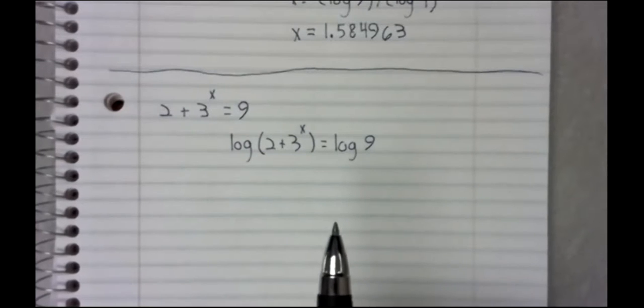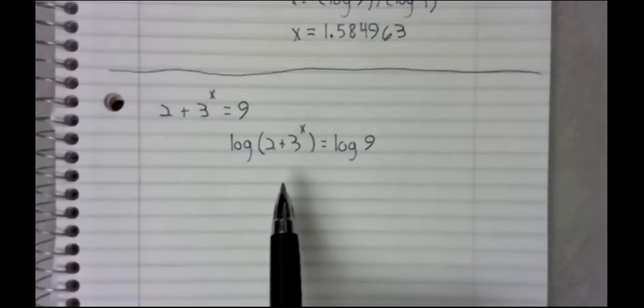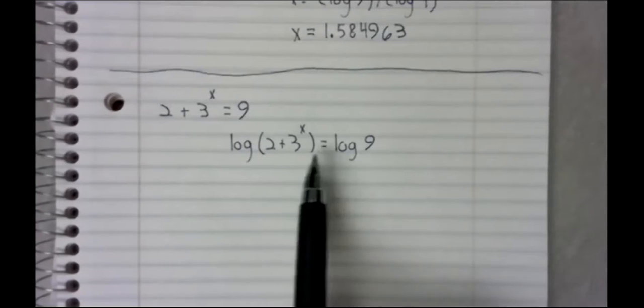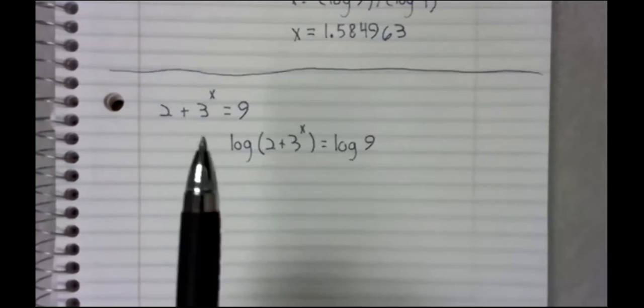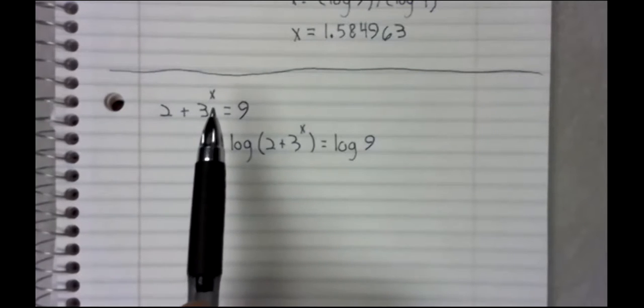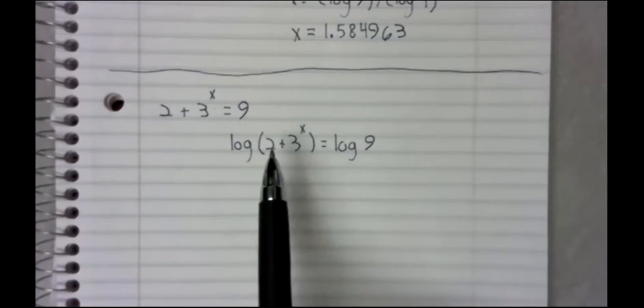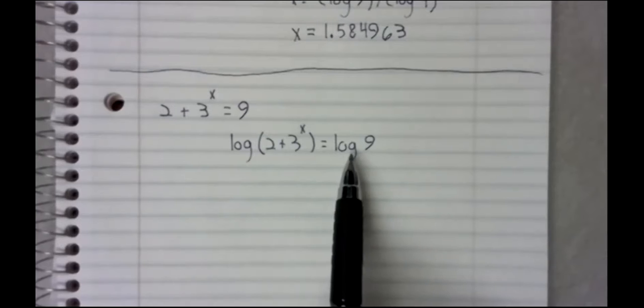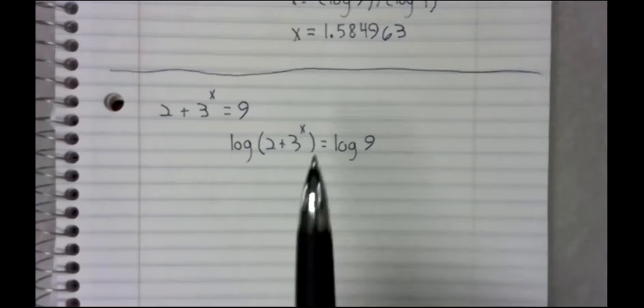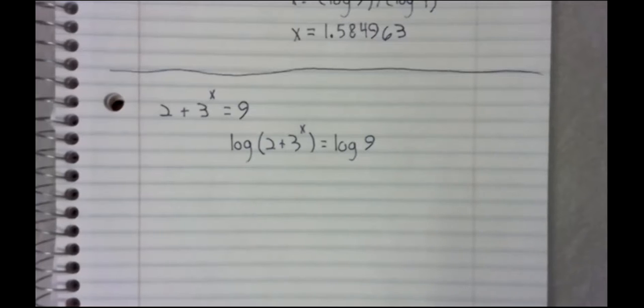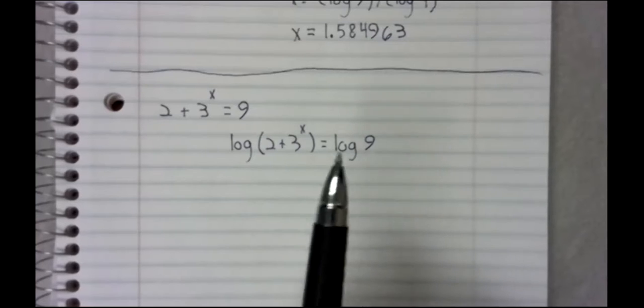And this isn't a mistake in the sense that it's an incorrect thing to do. If this equals this, then this does equal this. It's a perfectly valid equality. It's a mistake because it's a useless step that doesn't help us.